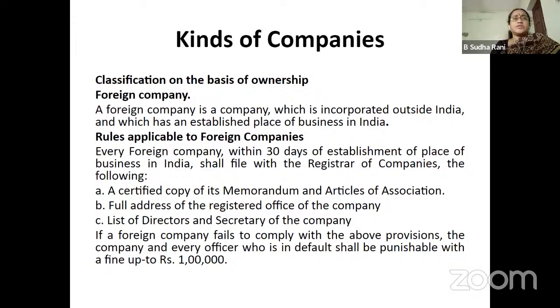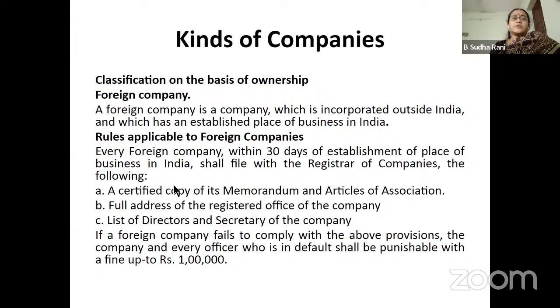Generally, for foreign companies, there is a certain rule imposed by the Companies Act, that is, a company which establishes its office in India must get registered within 30 days of its establishment. Okay. And they must also, like other companies, provide a memorandum of association, articles of association, list of directors, commencement of business, and so on.